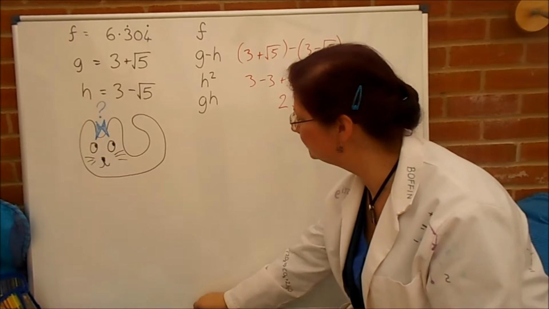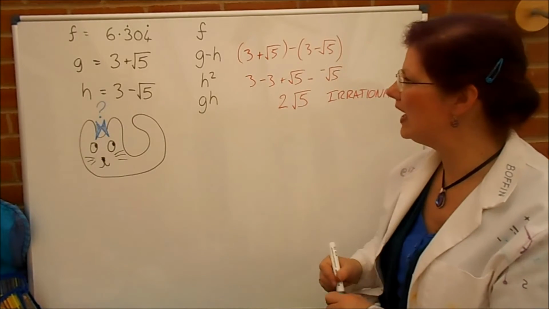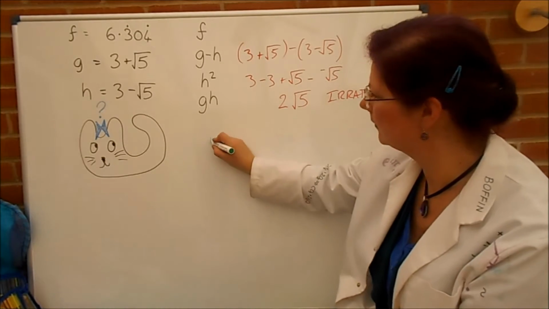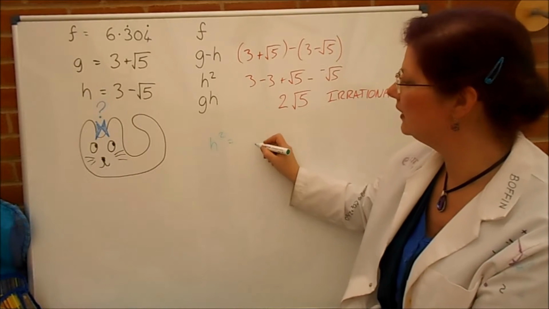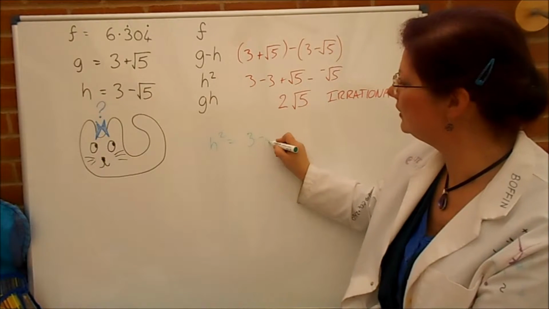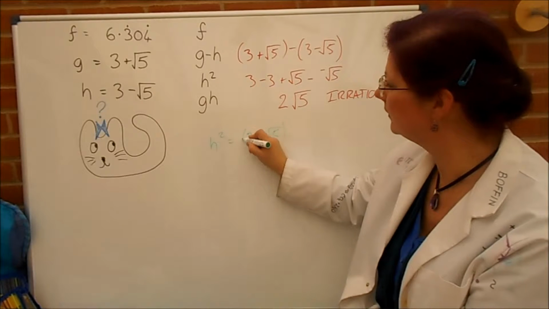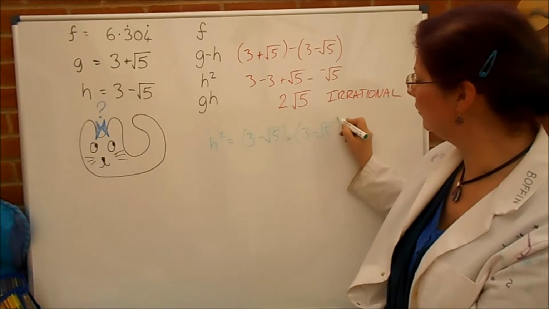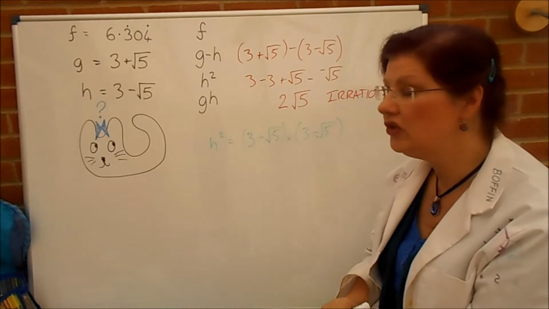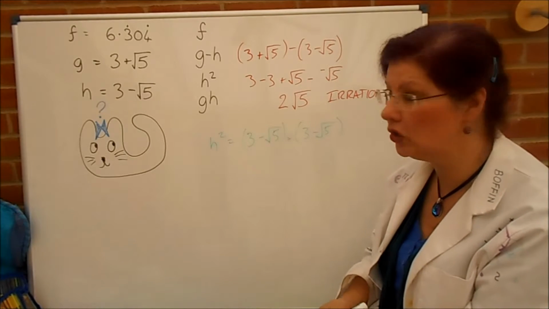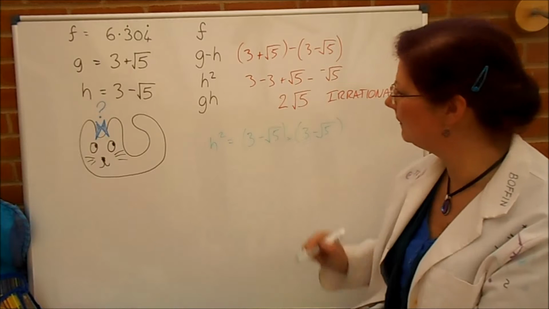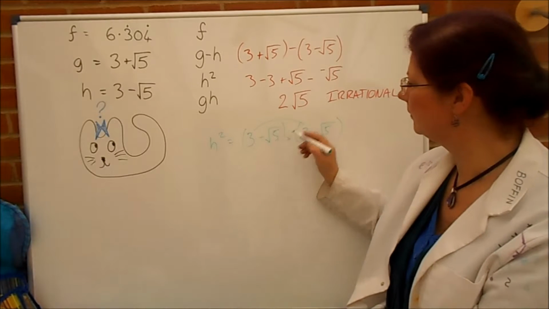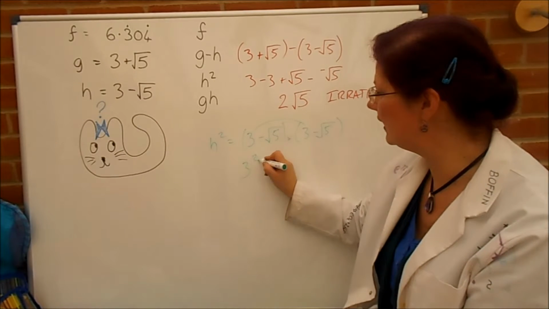What about the second one? Let's go for green. H squared. H squared, that is 3 minus root 5 times by 3 minus root 5. Okay, here's where we're going to use our FOIL or our dragon claw, multiplying out a quadratic. The first two, we've got 3 squared.